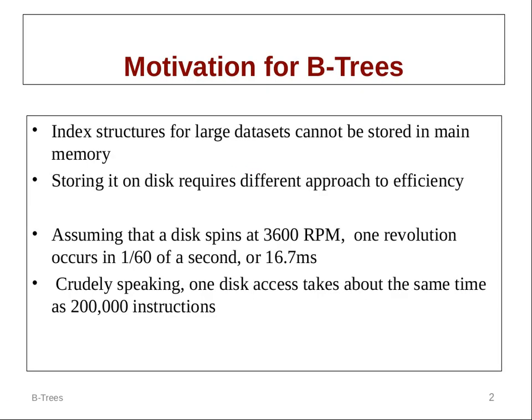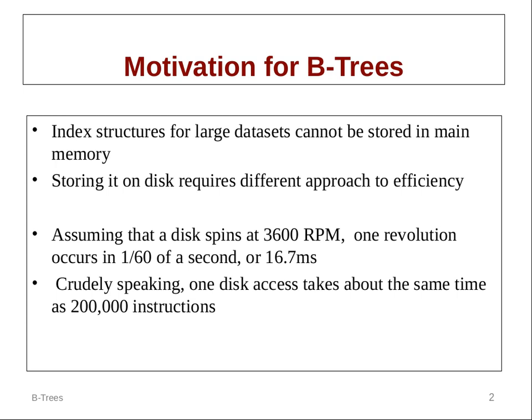All right, a little more motivation. B trees are really used for databases. Most databases have some sort of B tree architecture or data structure in the back end. It's great for indexing large data sets that can't be stored in memory. They need to be stored on the hard drive or some other storage system that can't be main memory.